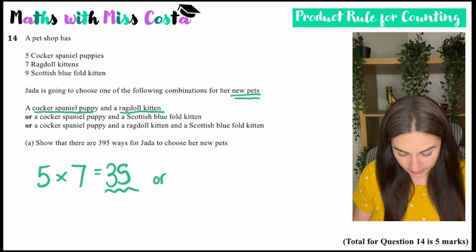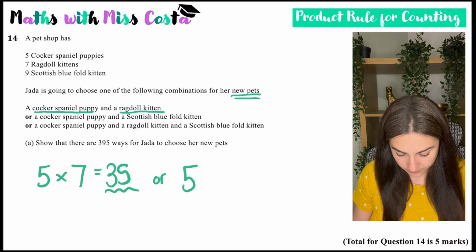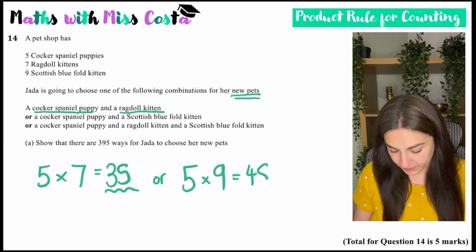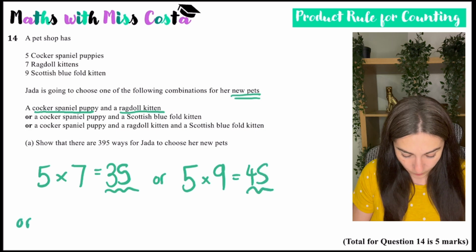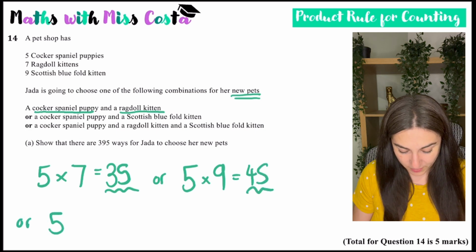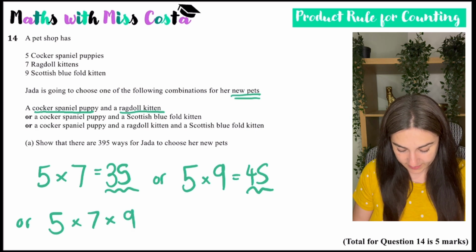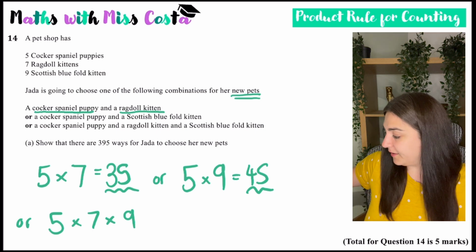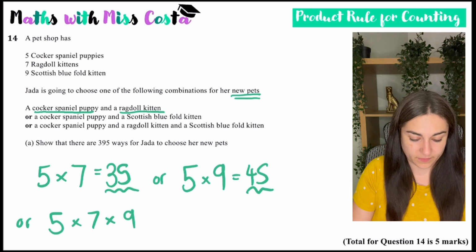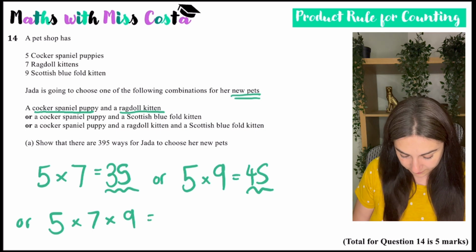Or she's going to choose a Cocker Spaniel and a Scottish Fold, so that would be 5 times 9, which is 45. Or she's going to choose a Cocker Spaniel puppy, there's 5 of them, a Ragdoll kitten, 7, and a Scottish Fold kitten, 9. So 35 times by 9 is 315.